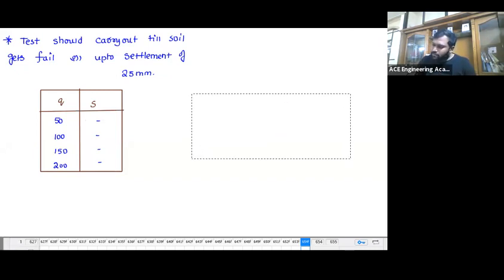Once we got this, we are going to plot the graph.